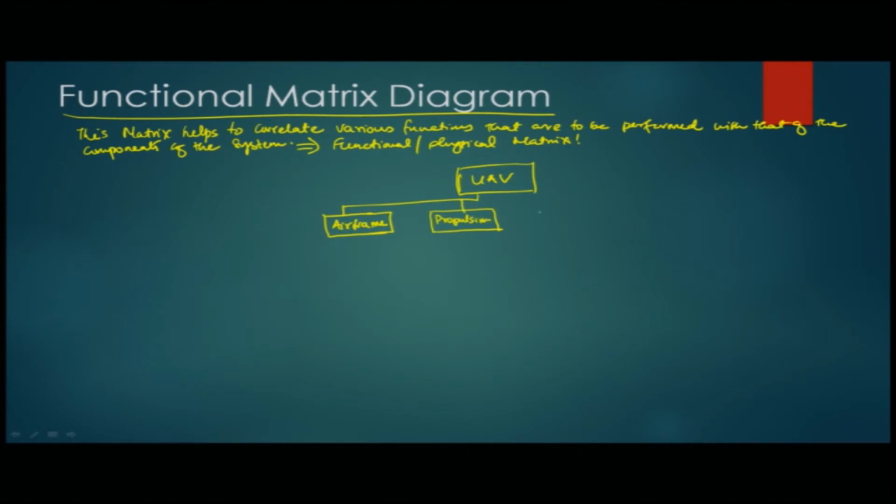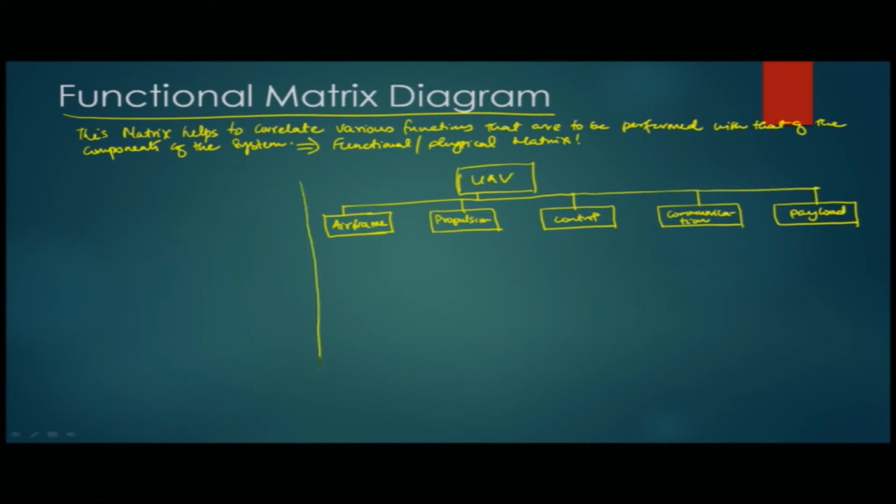Number 3 we have control. Then communication. Last one is payload. So these are the 5 components of the UAV that we mentioned.